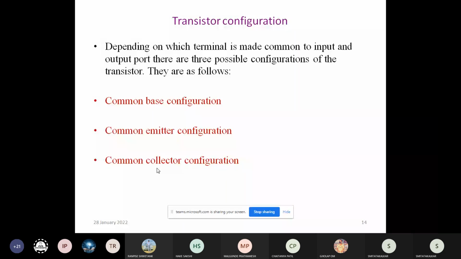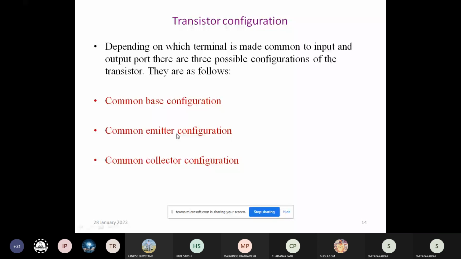These are the three configurations. In your syllabus, only the common emitter configuration is mentioned because it is the amplifier with gain, and maximum amplification is possible only in the common emitter configuration.